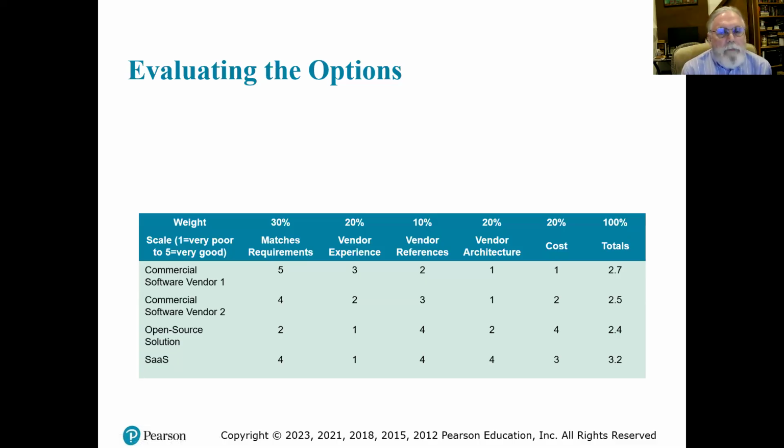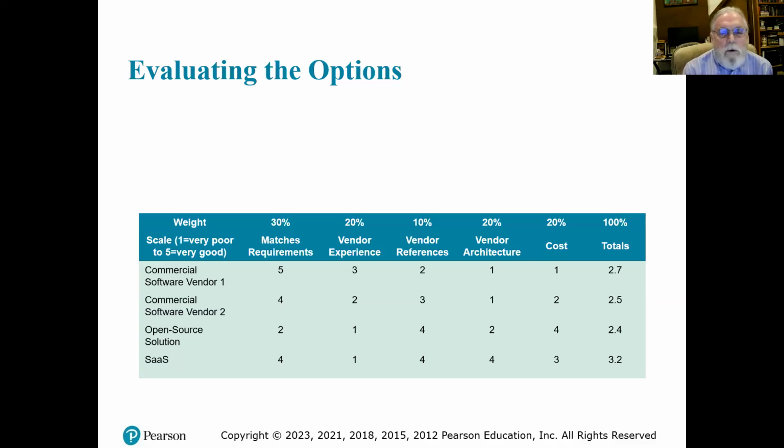With 1 to 10 it gets too hard when somebody's evaluating. Well, is that a 5 or maybe it's a 6? Well, what's the difference between a 7 and an 8? 1 to 5 is pretty good. 1 to 3 is not enough. It doesn't give you enough definition, but 1 to 5 is a pretty good thing. Most people can pretty easily do that.